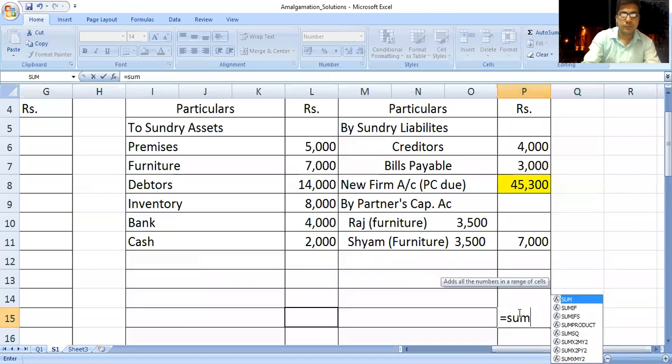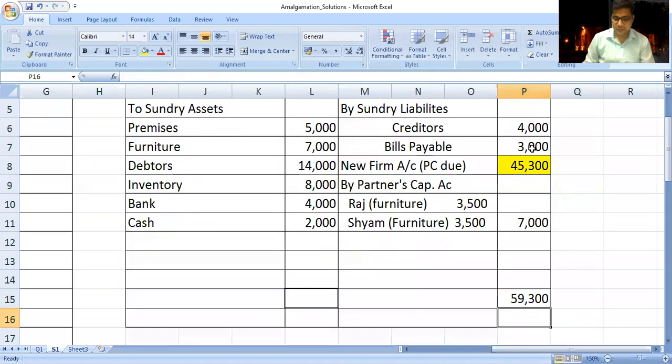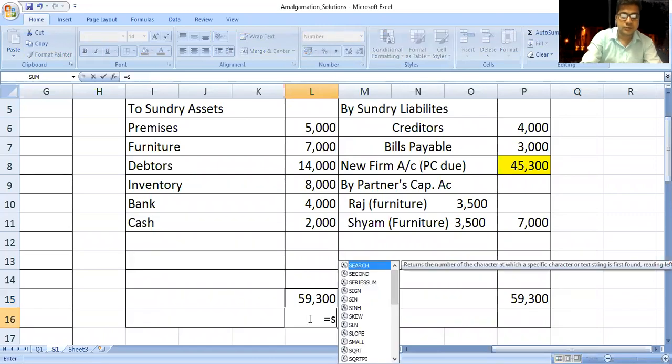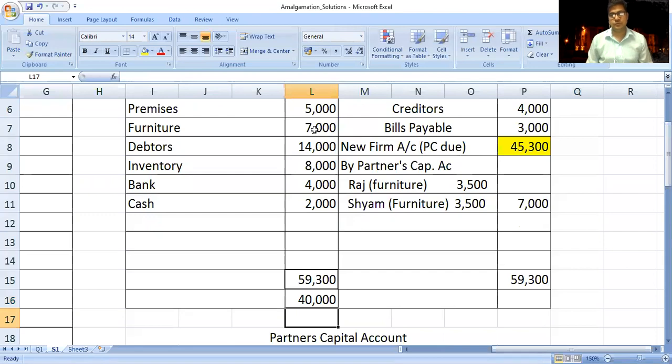The sum total is 59,300. Here also we have to write 59,300. Then we have to find out the debit side total. The sum is 40,000.